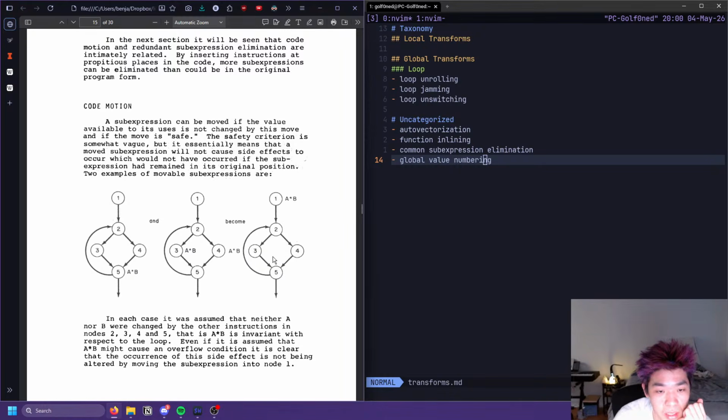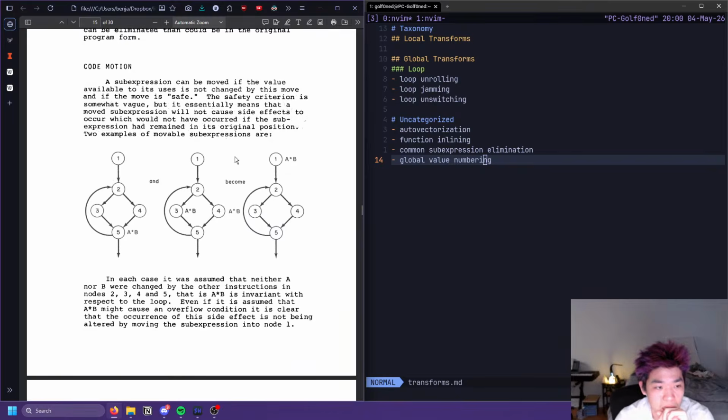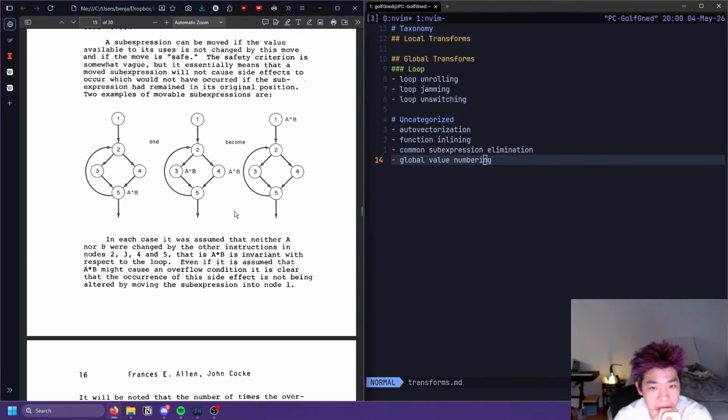Okay. We hoist it up there and then we reassign it here, I guess. That makes sense. Does that make sense? Wait. It was assumed that neither A nor B were changed, but everything else here. Okay, sure.